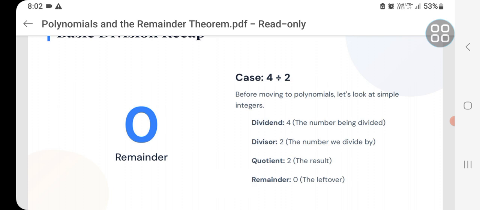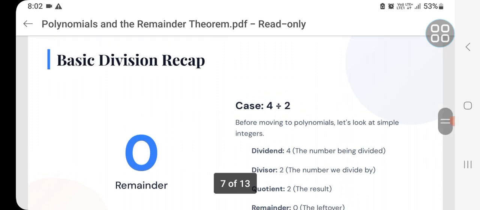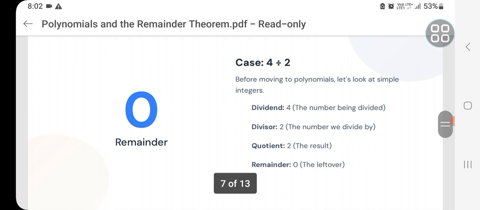Okay, remainder theorem. Before we enter into the remainder theorem, we just have to know what it is. It is just a recap. I think you know this very well. So I give one example for you here. See the case 4 divided by 2, right? So we can divide 4 with the help of 2. Just write what is the dividend, what is the divisor, what is the quotient, and what is the remainder here.